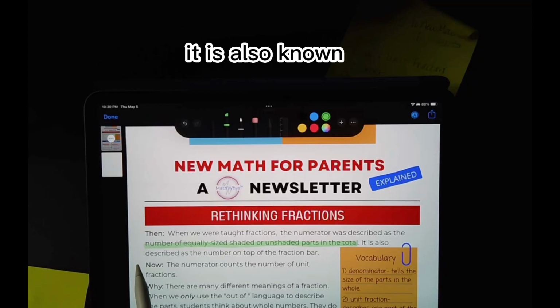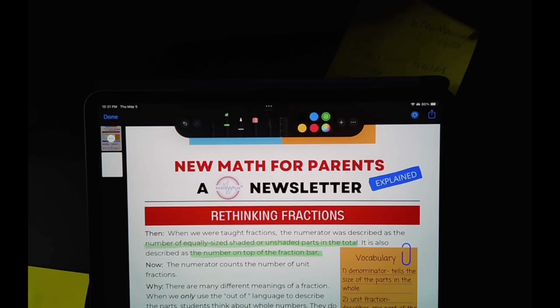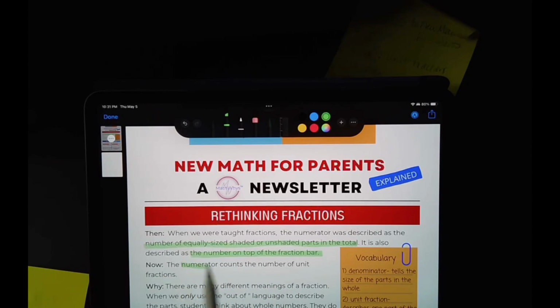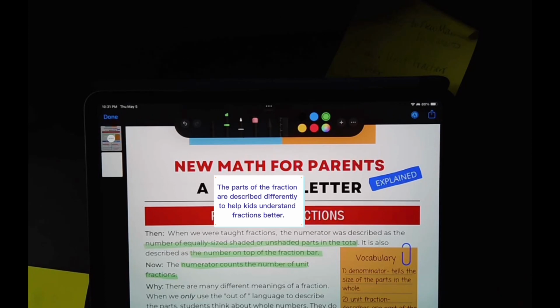It is also described as the number on top of the fraction bar. And we knew that. Now the numerator counts the number of unit fractions.